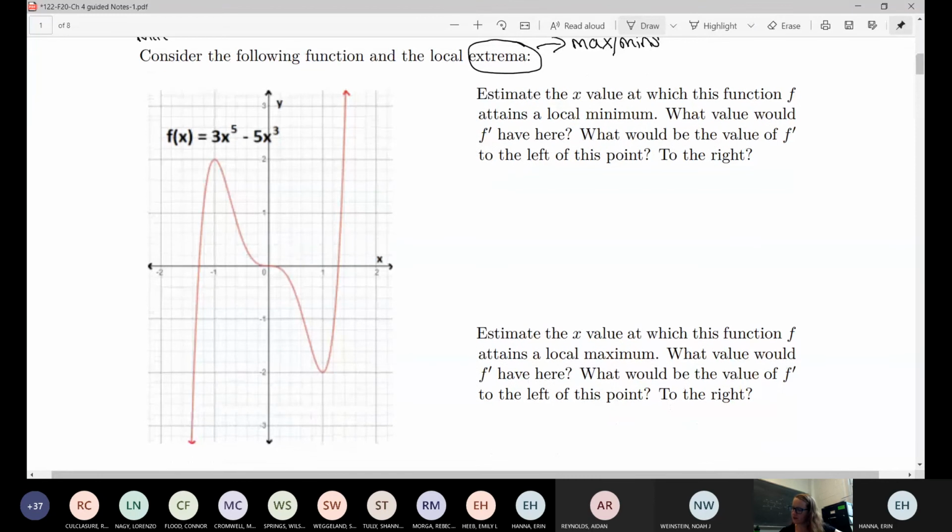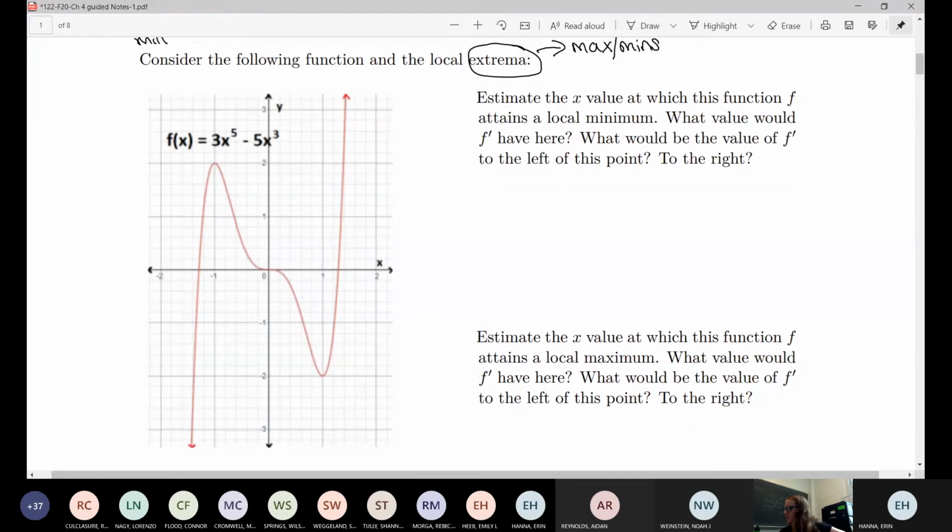Say we have this function here, and this will probably be the last thing we get to. I know the numbers are a little blurry. Sorry about that, but essentially every number you see is counting up by 1. So say we want to estimate the x value at which this function f attains a local minimum.